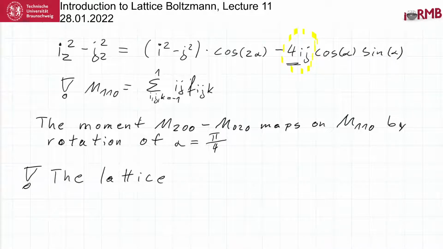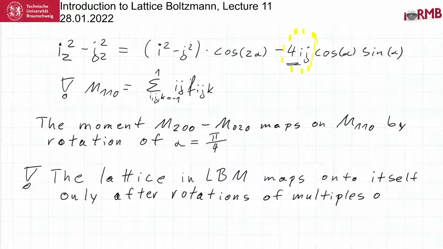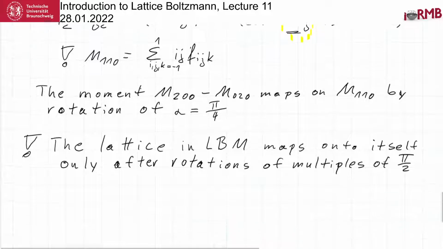Yeah, the lattice does not map onto itself after a rotation of 45 degrees, but only after multiples of 90 degrees, so pi over two.